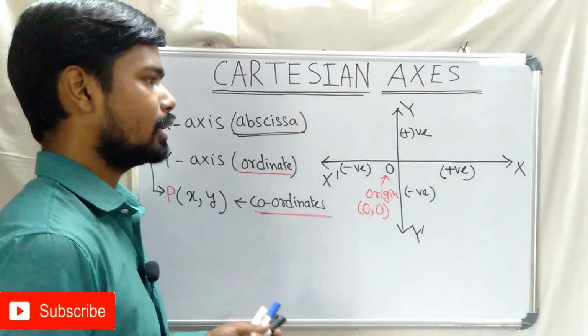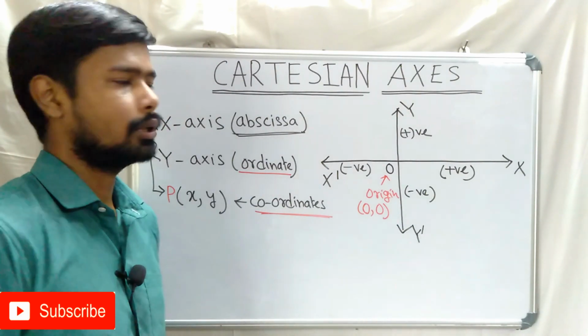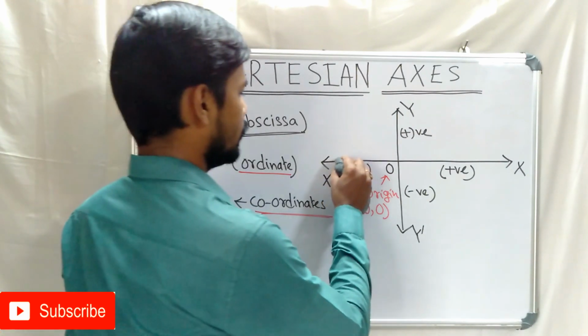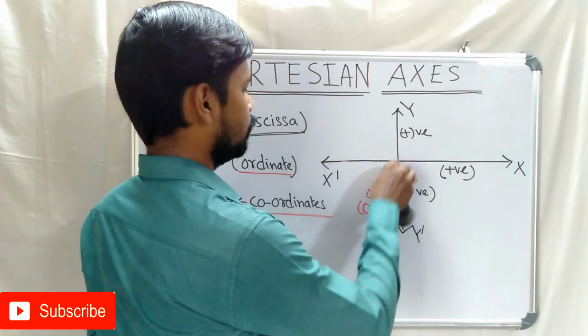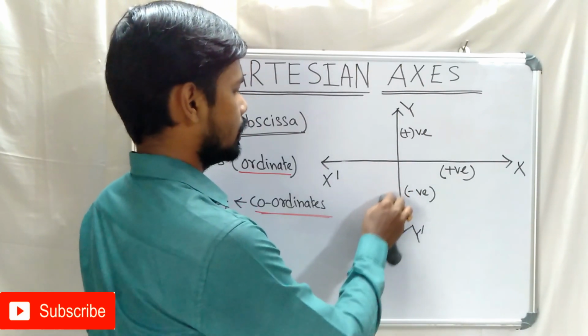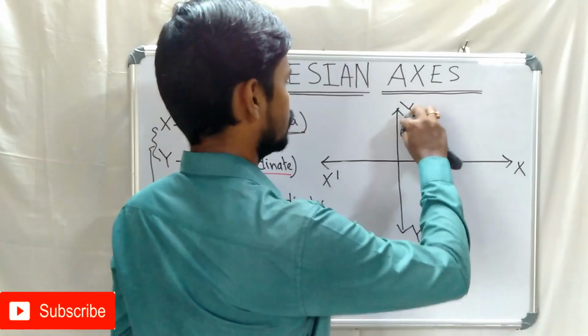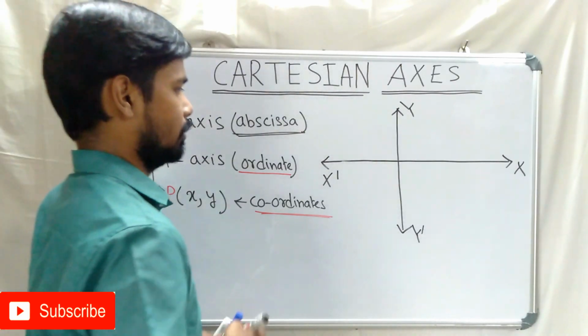We may put any set of numbers on the axis. Generally we put integers, from negative infinity up to 0 and then up to positive infinity. We take the negative integers as well as positive integers including 0 on the Cartesian system.